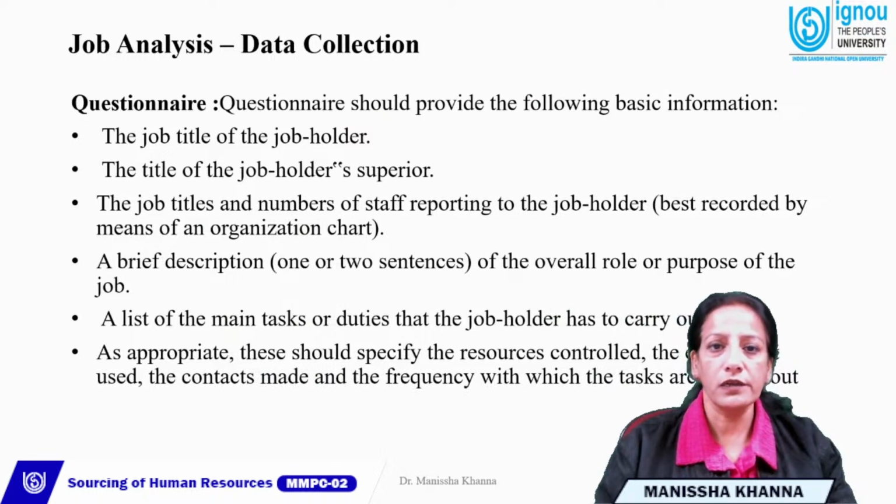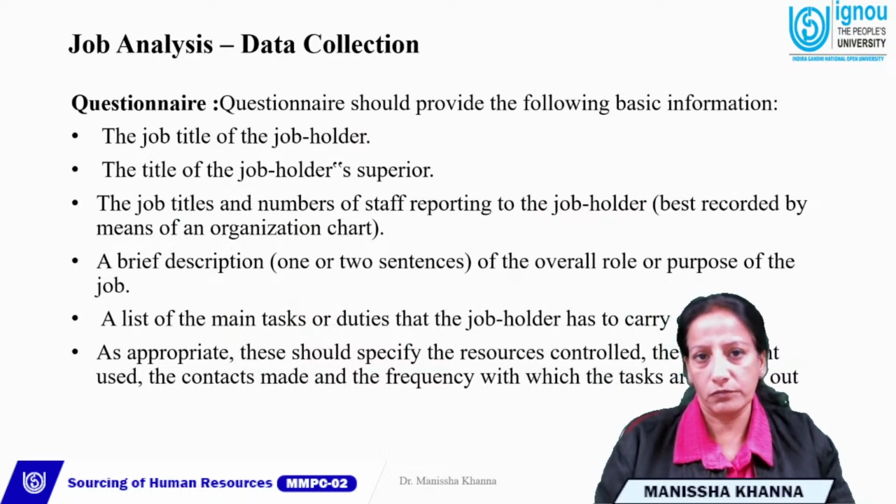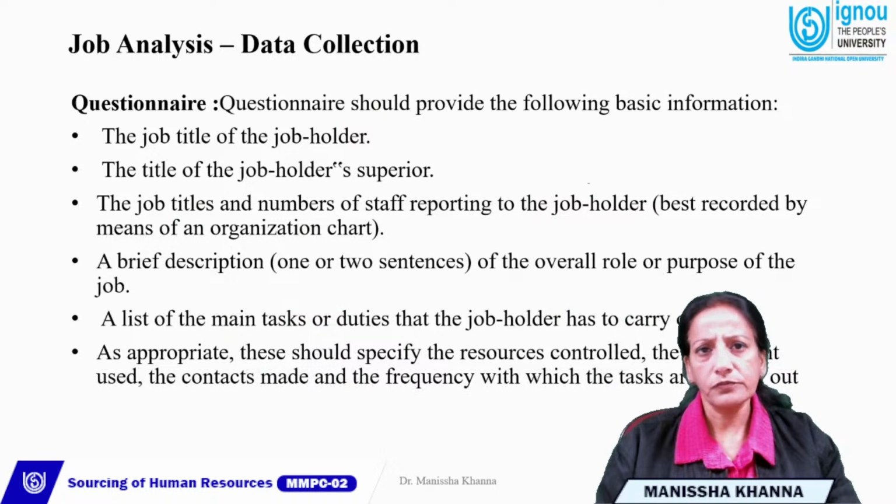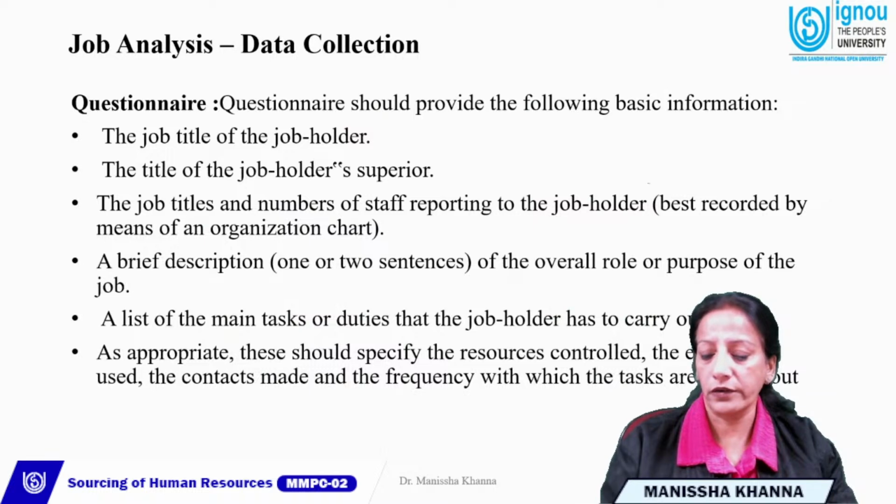So in terms of reporters, reportees, and reporting, job title should be there. A brief description of the overall role or purpose of the job. The list of the key tasks the job holder is carrying out, and also specify the resources that are controlled, the equipment used, the contacts made, and the frequency with which the tasks are carried out.